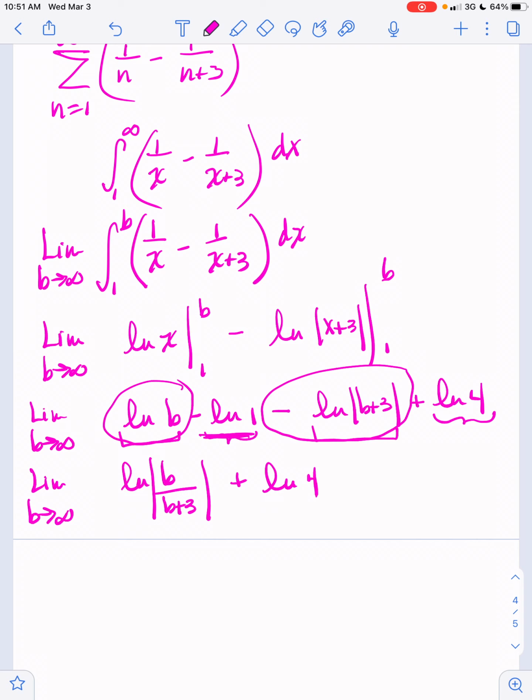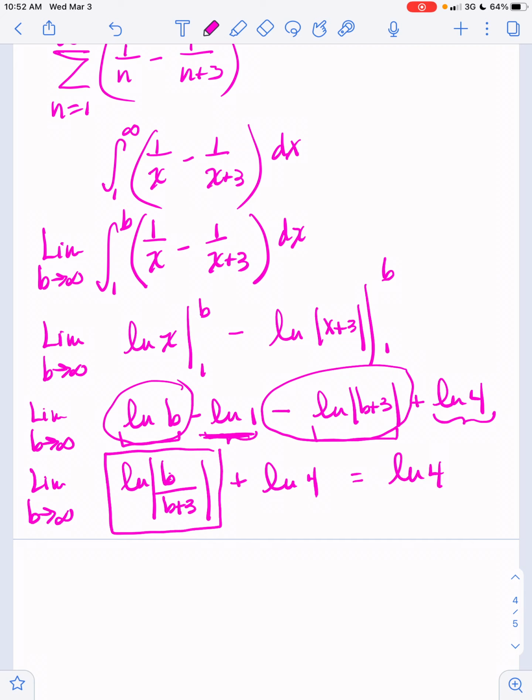What happens here? Right, this is b over b plus 3. So this is really just ln of 1. Right, this is numerator, denominator, same degree. So this is ln of 1. So this actually turns out to be 0 plus ln 4.